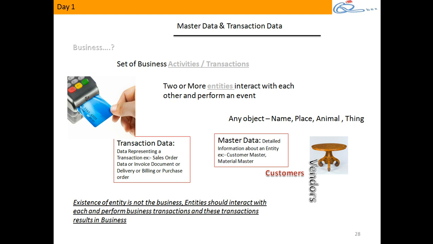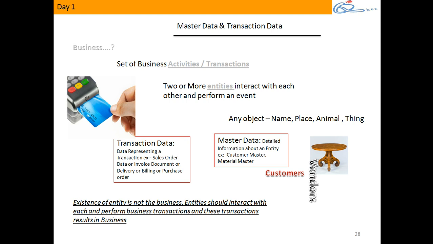An elephant can sit, stand, walk, and I can use it for some other purpose. So all these are entities. When 2 or more entities interact with each other and generate an event, that event is referred to as a transaction. Now you understand what an event is, what a transaction is, and what business is.